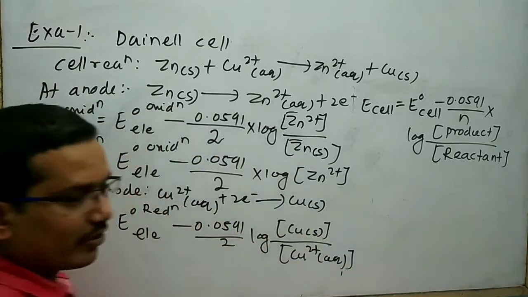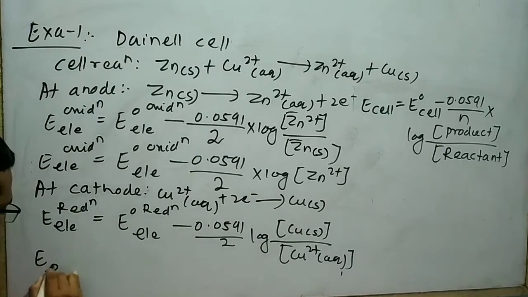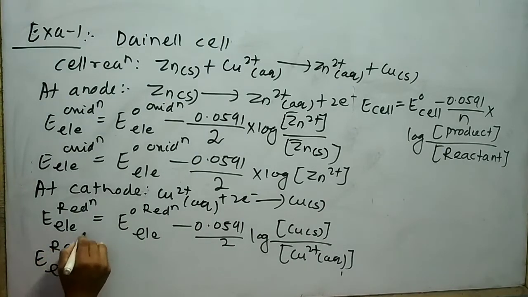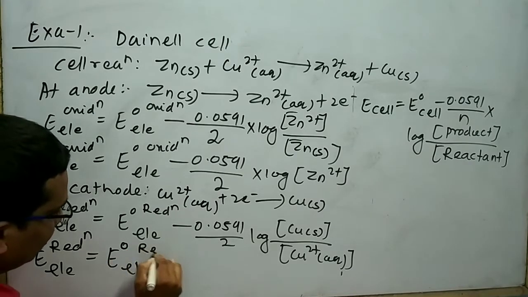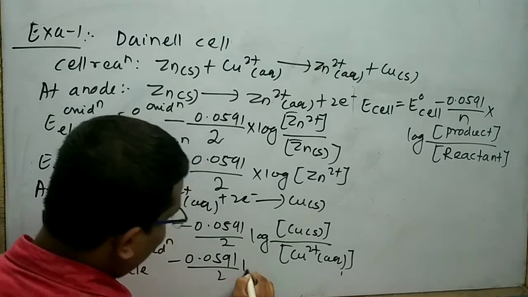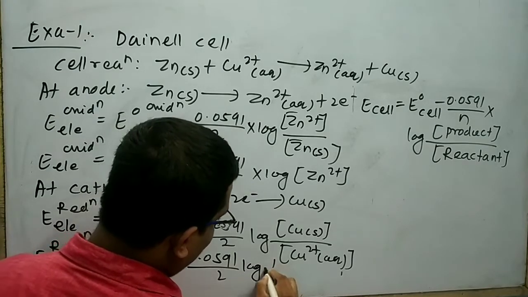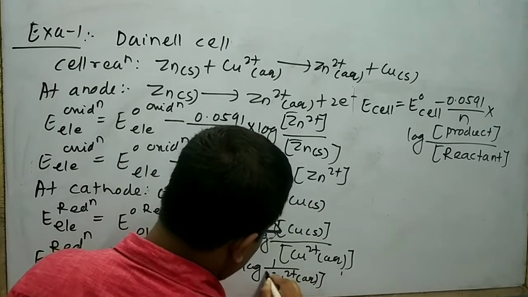We know that the concentration of Cu solid is unity, so I can write E electrode reduction equal to E0 electrode reduction minus 0.0591 divided by 2 log of 1 by concentration of Cu2 plus aqueous.